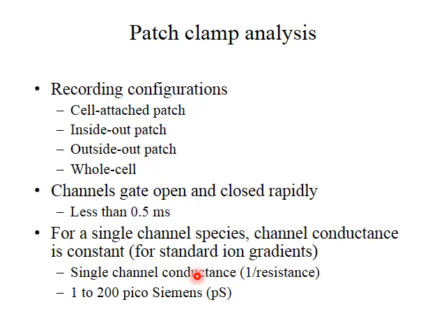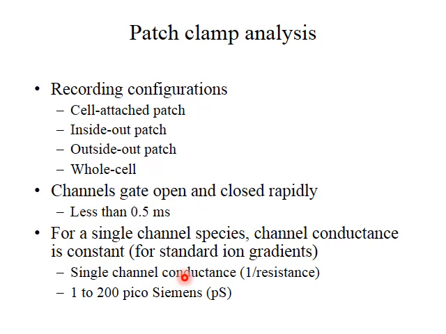And using Ohm's law, we can translate this current into a conductance, and conductance is the reciprocal of resistance. So by using Ohm's law, knowing the current flowing across the channel and the voltage across the membrane, one can calculate the resistance, and then from there the conductance.